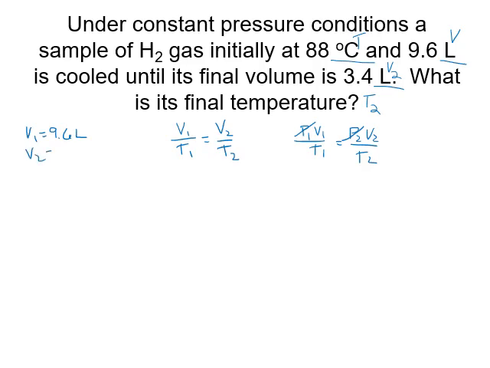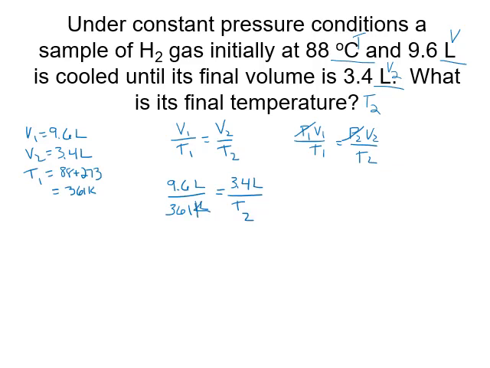Volume 2 is 3.4 liters. Temperature 1 is 88 plus 273, which is 361 Kelvin. Plugging in, I have 9.6 liters over 361 Kelvin is equal to 3.4 liters over my second temperature.